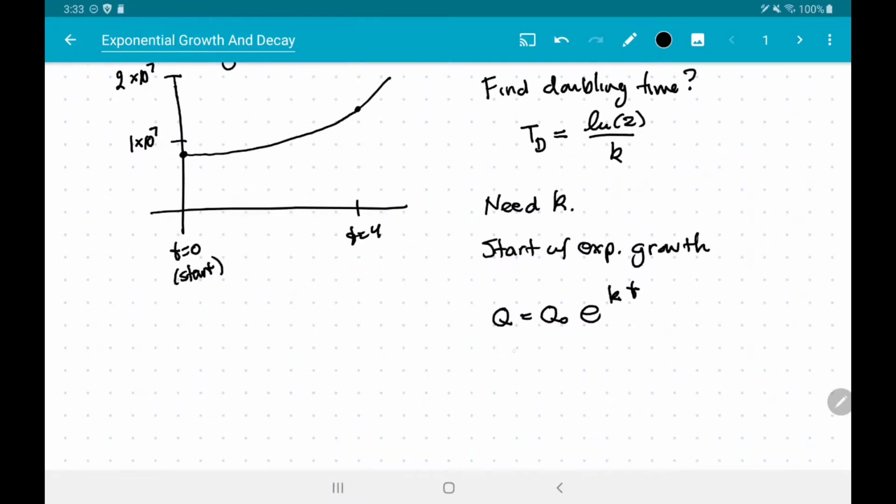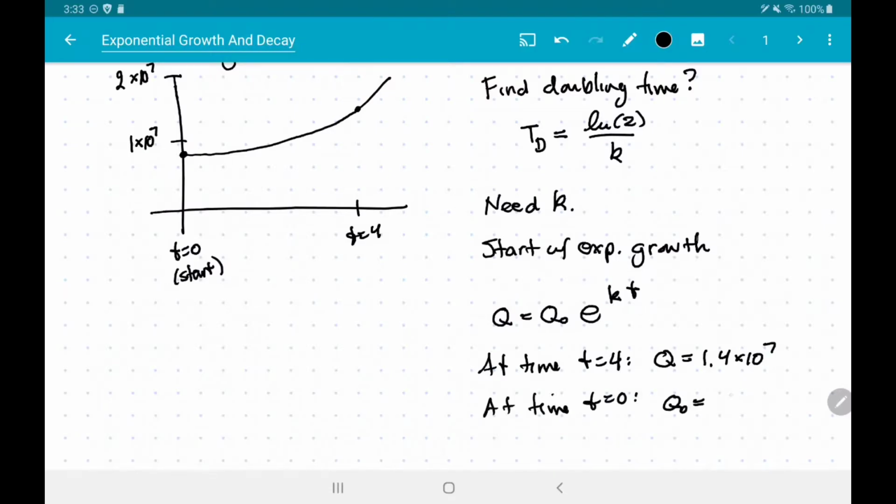We know that at time t equals 4, q is equal to 1.4 times 10 to the 7th. We are also told at time t equals 0, well, that's actually giving us q sub 0, which was 8.2 times 10 to the 6th.